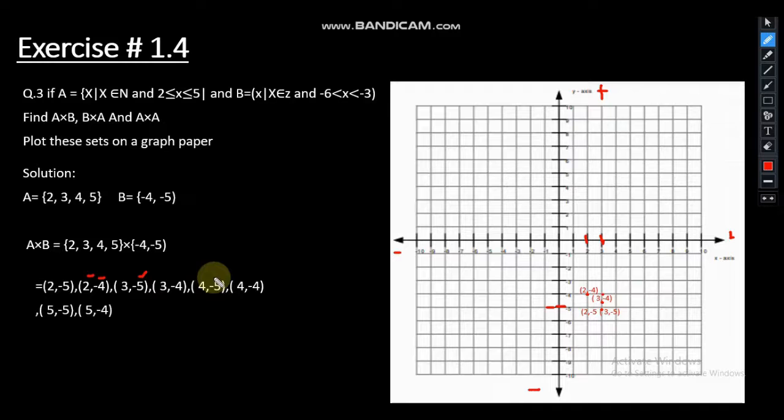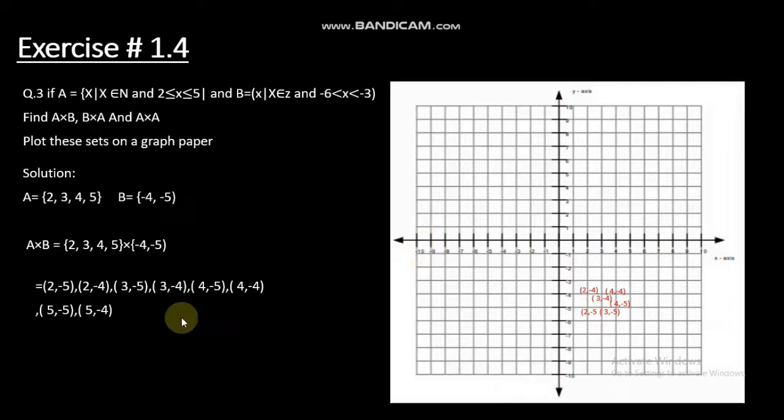Again (4, -5): 4 on the positive x-axis and 5 in the negative y direction, so this is also in this quadrant. Again (4, -4): 4 on the positive x-axis and 4 in the negative y direction, so we write it at this coordinate.